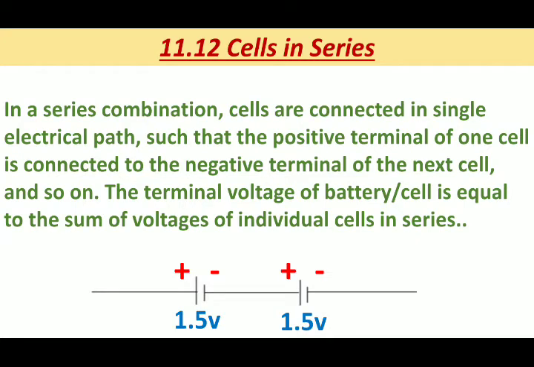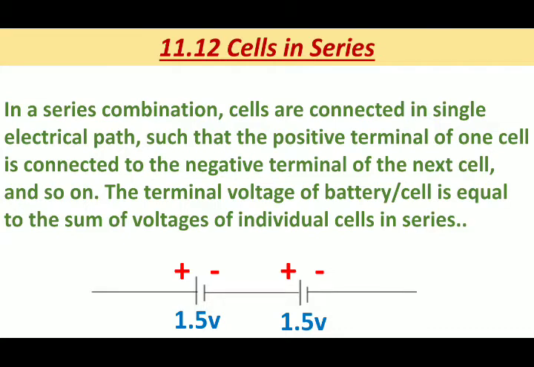As we have connected two cells in series, the larger line of the battery schematic diagram of the cell shows the positive terminal, and the smaller line shows the negative terminal of the cell. So as you can see here, the negative terminal of the first cell is connected to the positive terminal of the second cell.